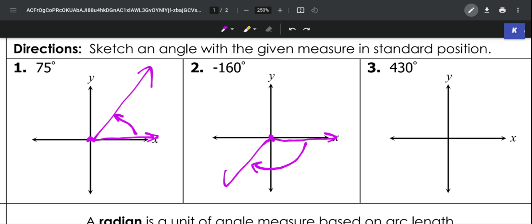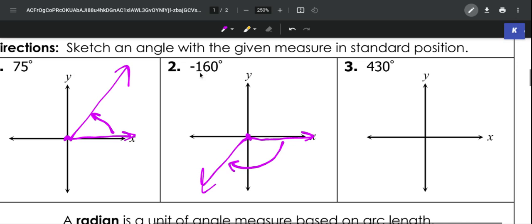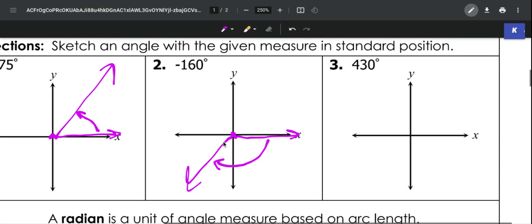Actually, I could make that a little bit better. So it would be right about there. So that's sort of how this sketch would look. Probably not precise. If you wanted to figure out where that actual degrees would be, we would say 360 minus 160, and then negative 160 would be at the same place as, what would that be?